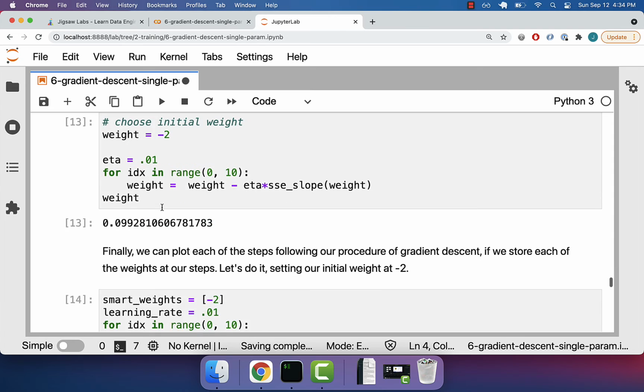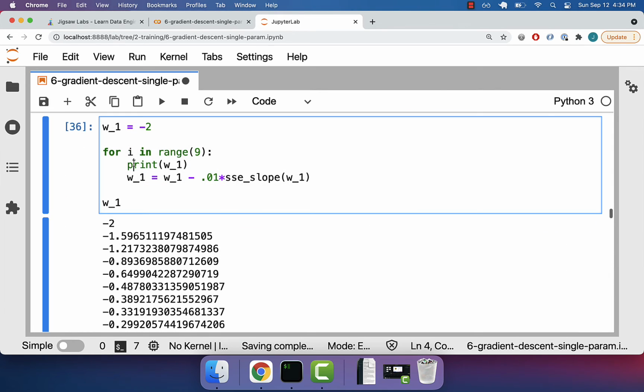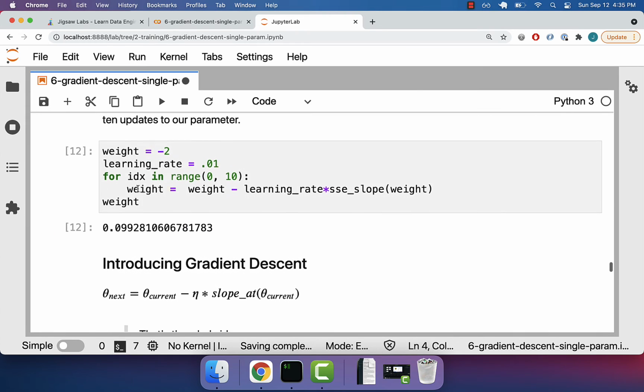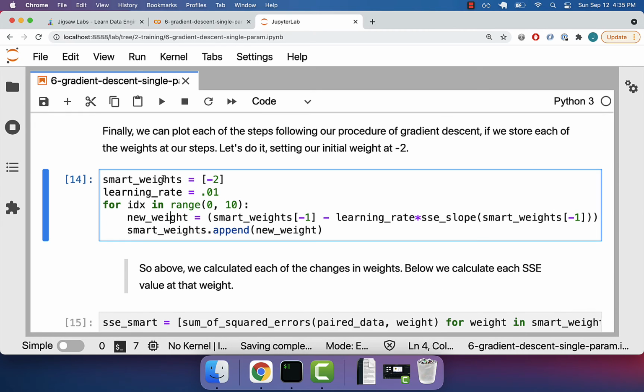So now, instead of printing out each of these values like we did here, let's store these W's in a list. So that's what I do down here. Okay, right here. I'm going to start at -2 and then just apply that exact same formula.